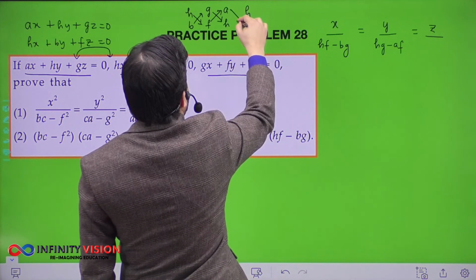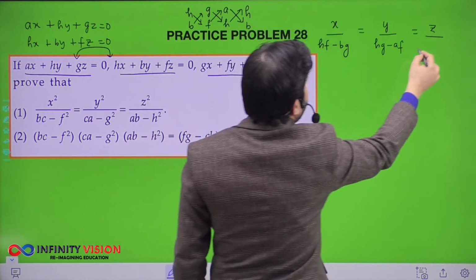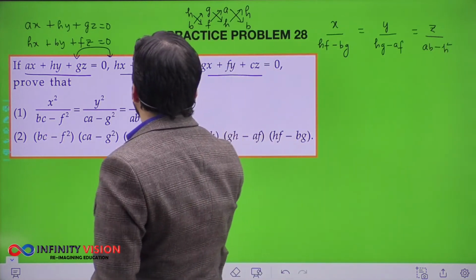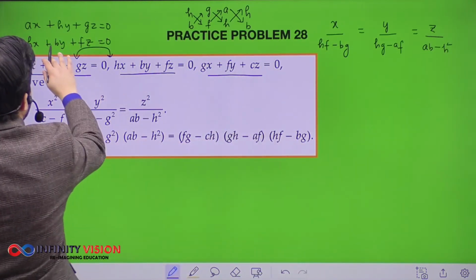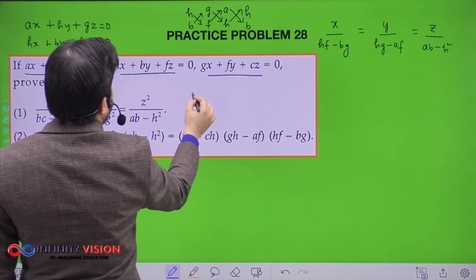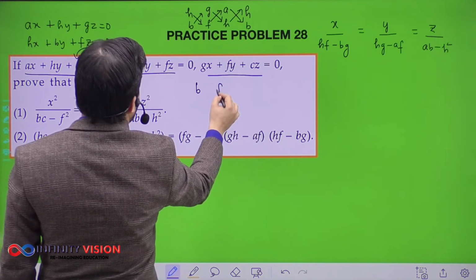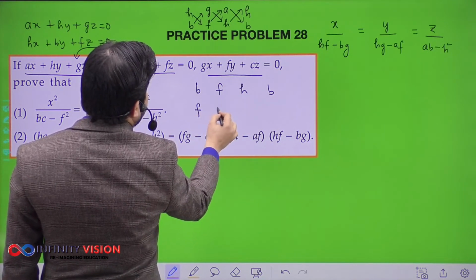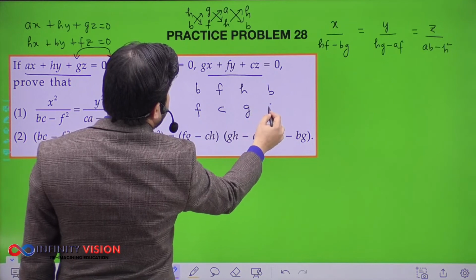And this is ab minus h square. We'll be doing the same story between hx, by, fz and gx, fy, cz. For this, I'm going to write b f h b f c g f.